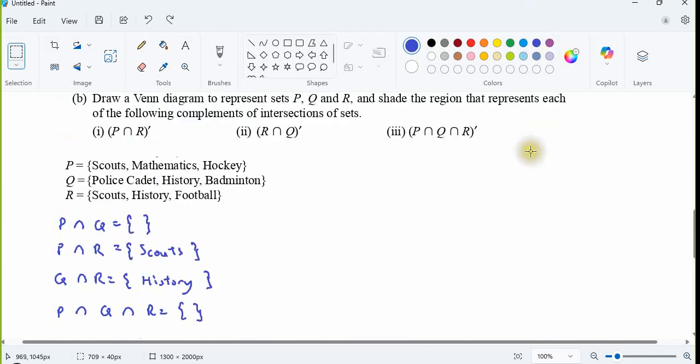So next, we want to draw the Venn diagram to represent P, Q, R and shade the region that represents each of the following.